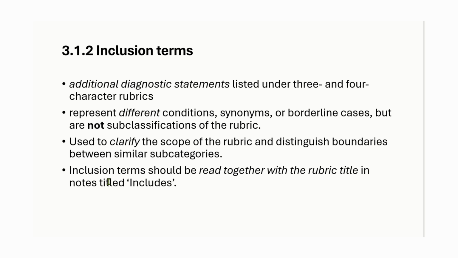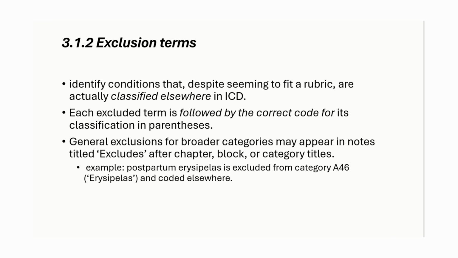Inclusion terms are used to clarify the scope of the rubric and distinguish boundaries between similar subcategories. We should remember that inclusion terms should be read together with the rubric title in the notes titled Includes.